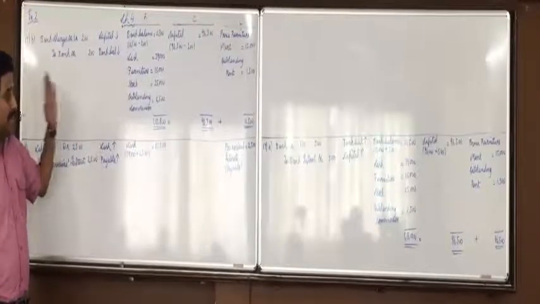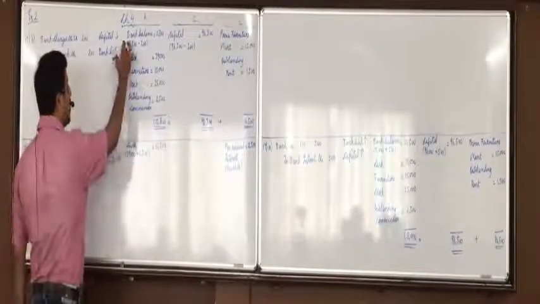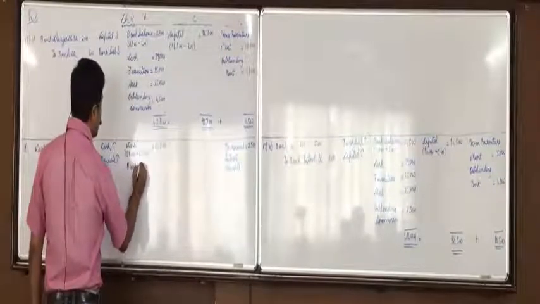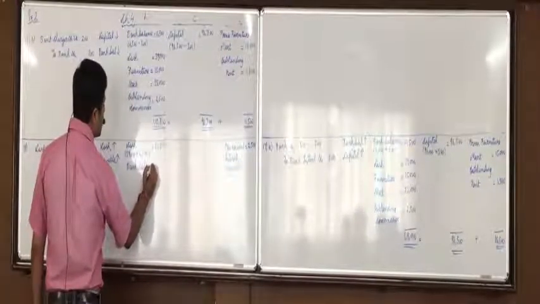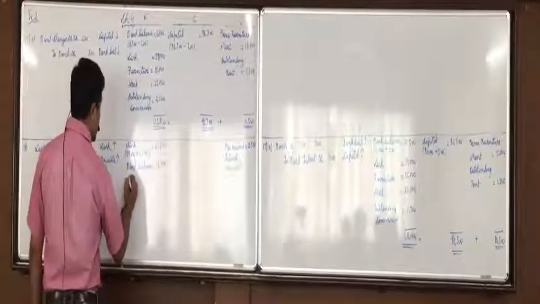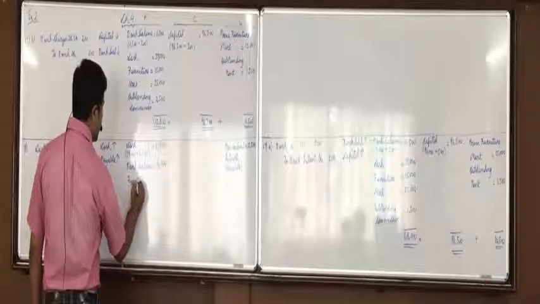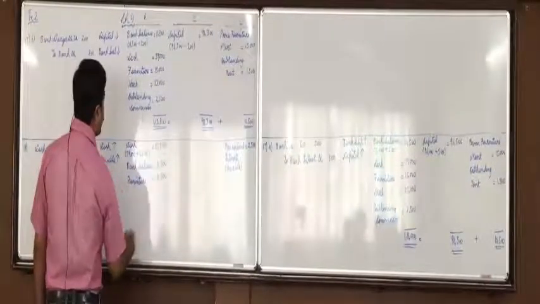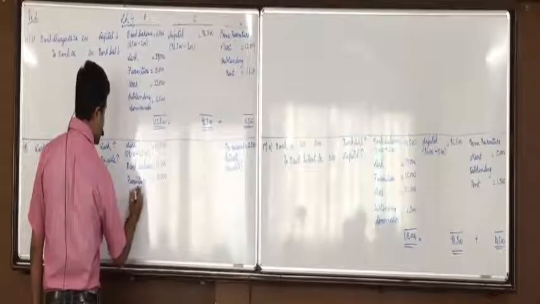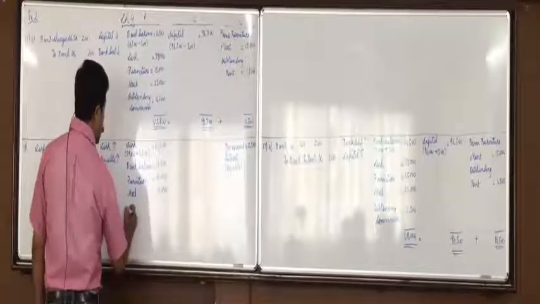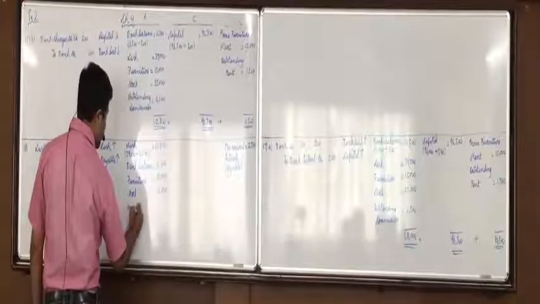And other things will be written as they are. So bank, furniture, stock, outstanding commission as it is. Bank balance 11,300. Furniture 15,000. Stock 25,000. Outstanding commission 2,500.